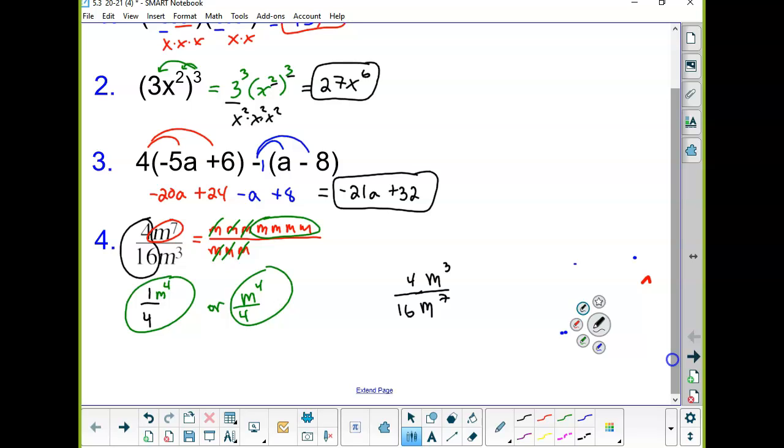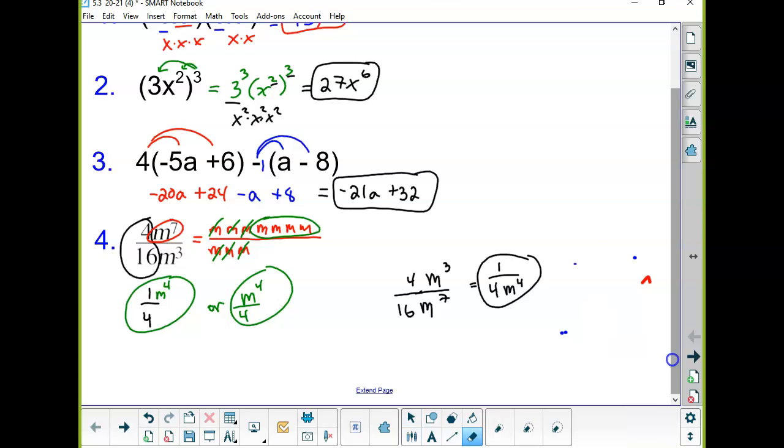It would still be 1/4, we would still have 4 extra m's left over, but this time they'd be in the denominator. Okay. We will review more of this, but it'll come up in our everyday practice. We just want you to become really good at it.